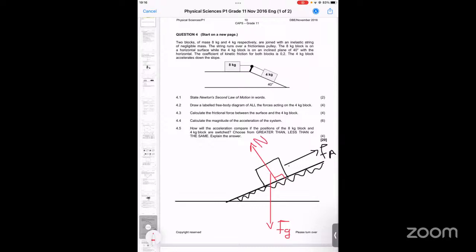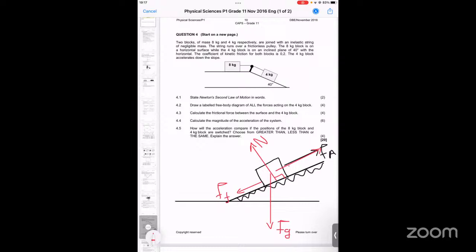Does it make sense? Yes, sir. And then the friction will always oppose the movement of the object. The object is moving in the direction of the applied force, which is in that direction. That is why the frictional force is opposing.